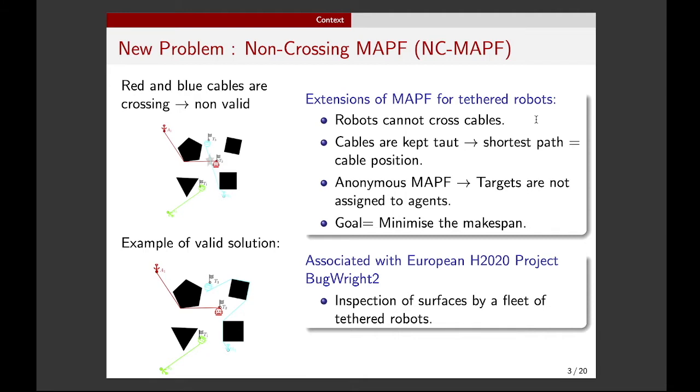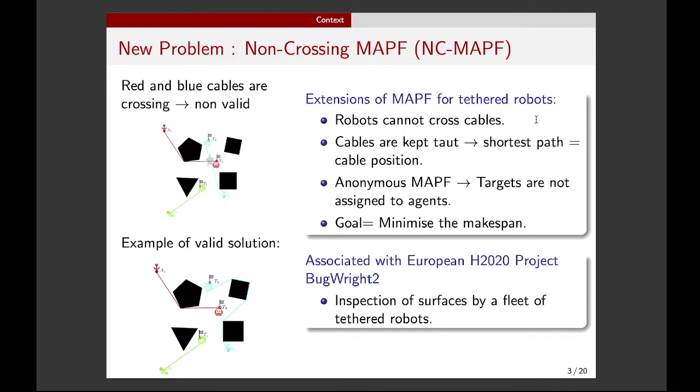Compared to the classic MAPF, the main difficulty is that the robots are not able to cross cables. Like in this example, there are 3 robots and 3 target points in the workspace. Every robot is attached to an anchor point by cables. As the red and blue cables are crossing, it's not valid in our case.